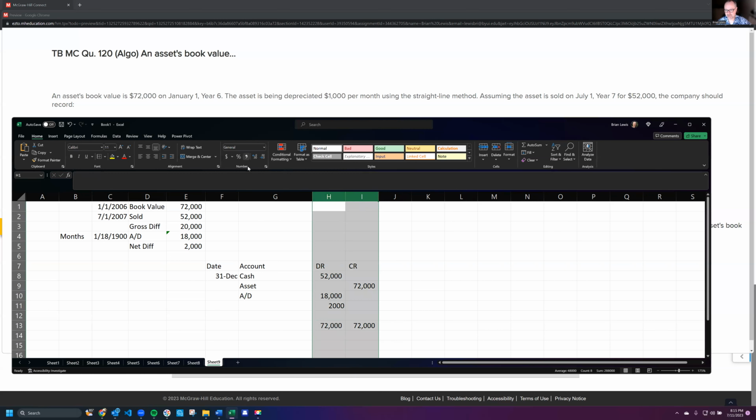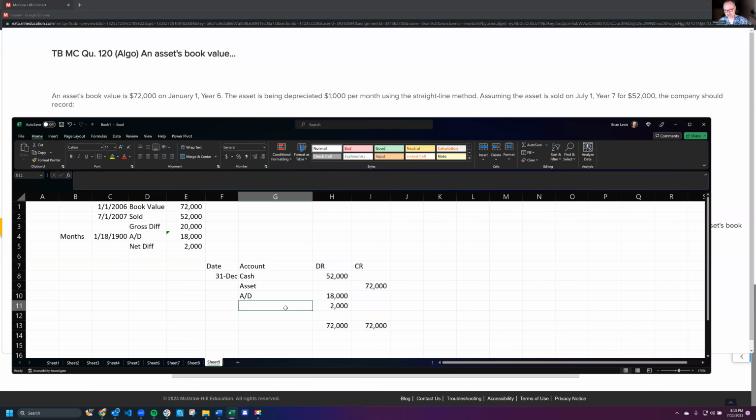So the question is, is that a gain or a loss on the sale of the asset, right? Well, a gain on the income statement, an increase in equity, effectively an increase in net income, is going to be a credit. A decrease in net income, like an expense, is going to be a debit.